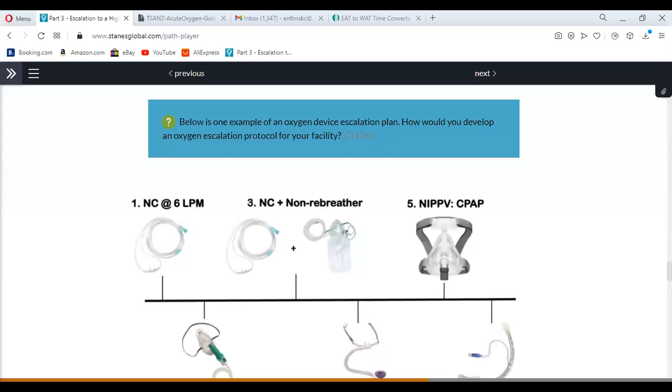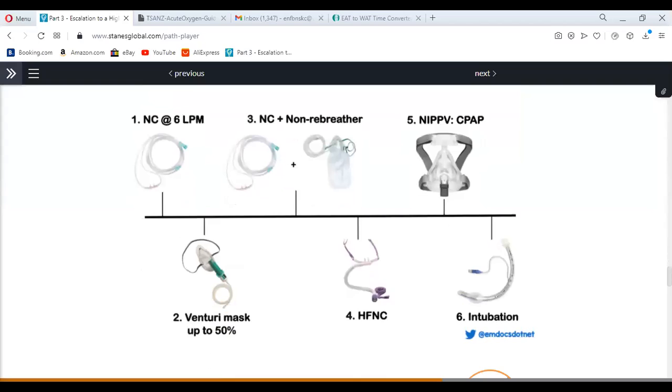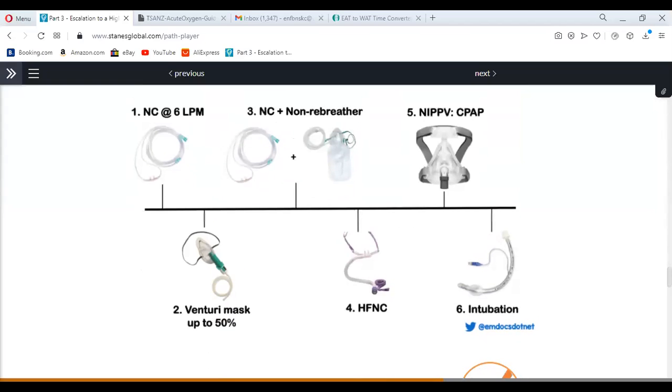Among all these devices, we have 1, 2, 3, 4, 5, 6. Number 1 is the nasal cannula. So if we are going to escalate, saturation is 89%, he's tachypneic now. Which one do you think is the most appropriate to use here?